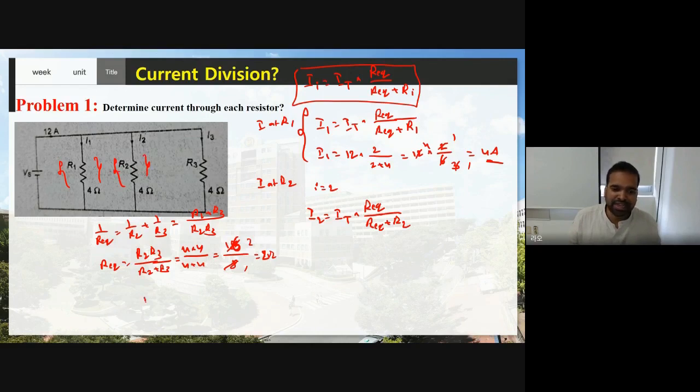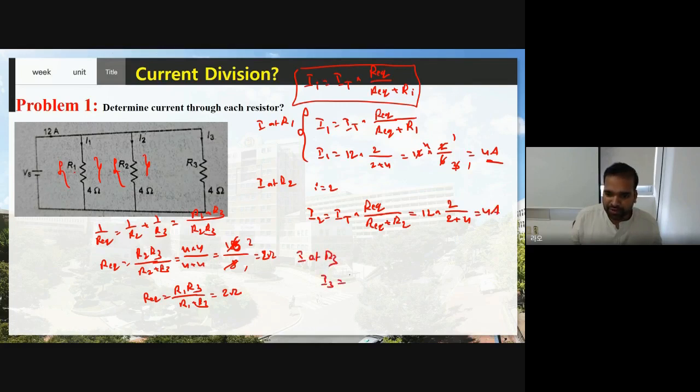What is the R equivalent? The opposite resistors R1 and R3 are the two resistors that are connected in parallel: R1 R3 by R1 plus R3. If you substitute values, you will get the same value because the resistance value is the same. Therefore IT equal to 12 and R equivalent 2, by 2 plus 4. Then you will get 4 ampere.